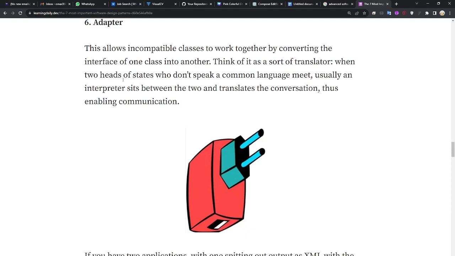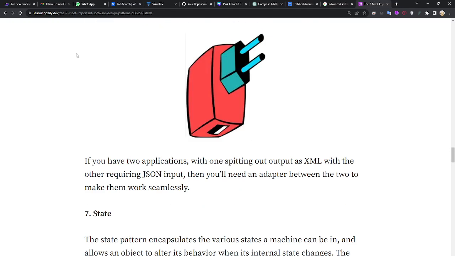When two heads of state who don't speak a common language meet, لو في اتنين ما بيتكلموش نفس اللغة, usually an interpreter sits between the two and translates the conversation. في مترجم بيقعد ما بينهم ويترجم لده ويترجم لده. Thus enabling communication, ده بيخلي التواصل. فكده اتنين مالهمش علاقة ببعض مش عارفين يتواصلوا مع بعض جابوا وسيط ما بينهم خلاهم هما الاتنين يتواصلوا مع بعض.